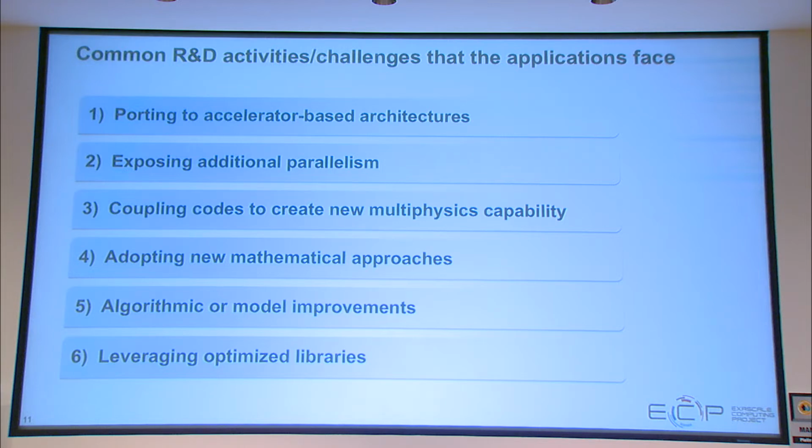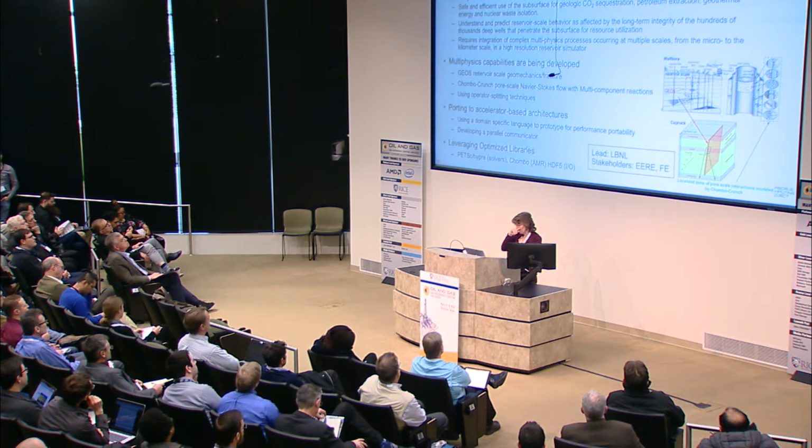New multi-physics capabilities and coupling the codes together, and what does that mean? What does that look like? New mathematical approaches, new models that can bring increased fidelity, increased accuracy into the physics that they're modeling. Looking at algorithmic or model improvements, and then finally leveraging optimized libraries, so better linear solvers or nonlinear solvers, and how can they take advantage of those and knit those into their application domains.